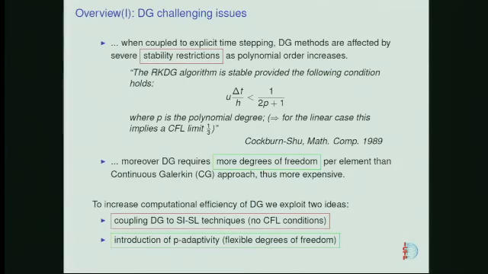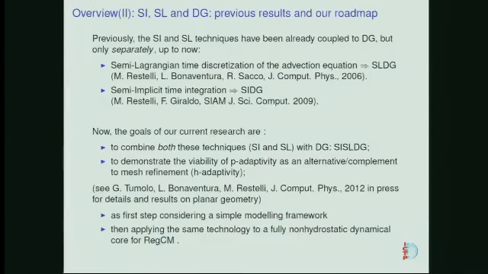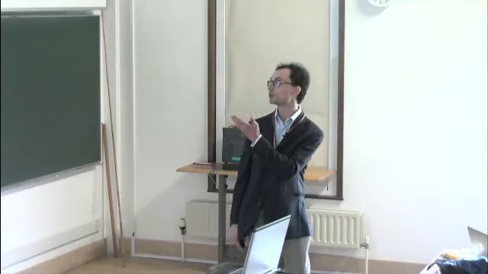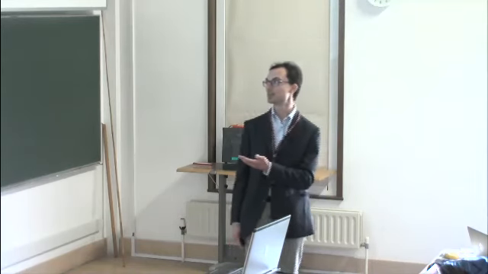Well, what is new and what is not new in this work? Up to now, DG methods have been already coupled with semi-implicit or semi-Lagrangian techniques, but only in a separated way. For example, in this work or also in more recent works, as you saw in the previous presentation. Our goal is to couple DG with both of these time stepping techniques simultaneously, and we call it the SI-SL DG method.